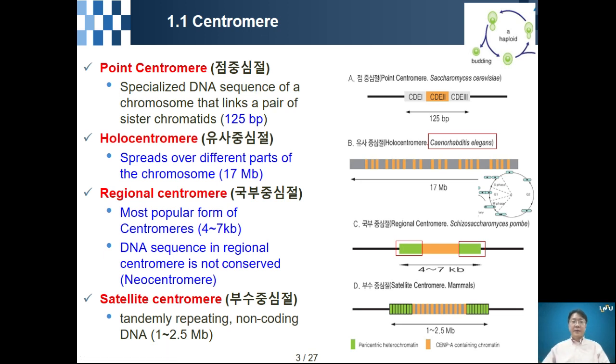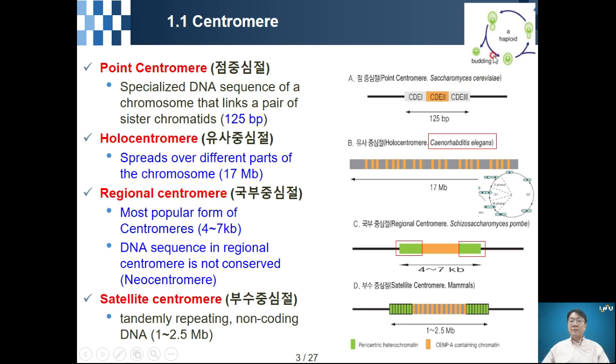But in the point centromere, the size is only about 125 base pair. This point centromere is only observed in Saccharomyces cerevisiae.